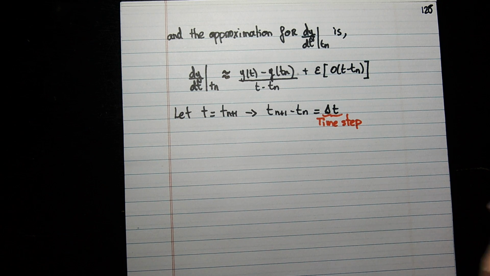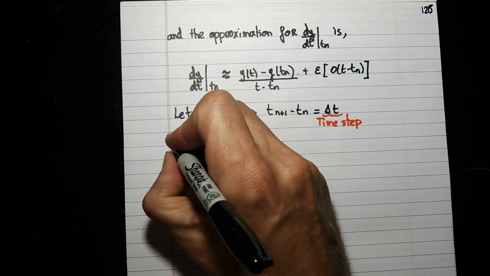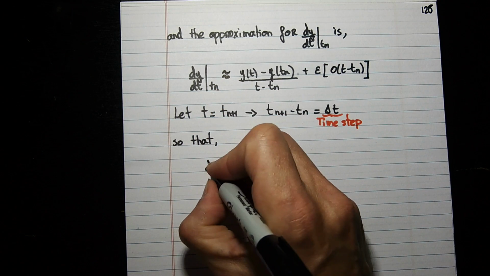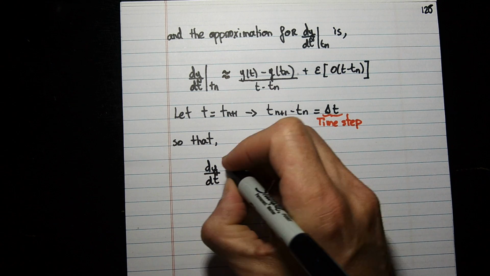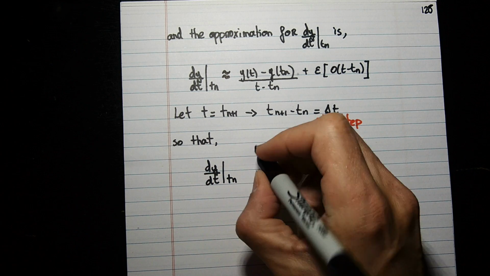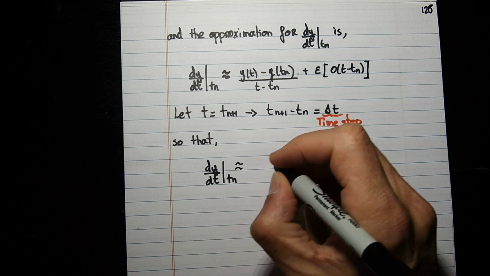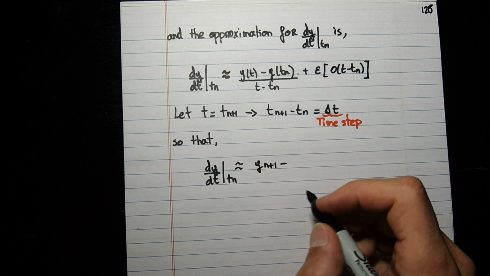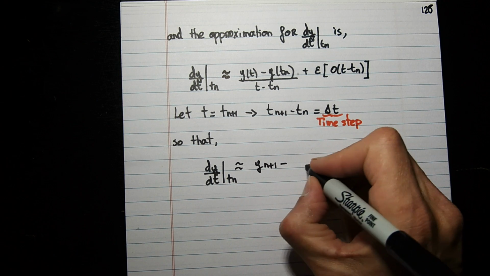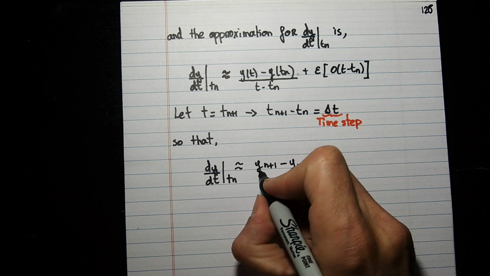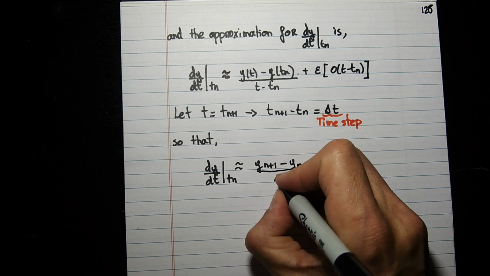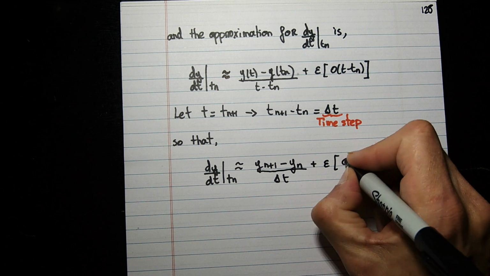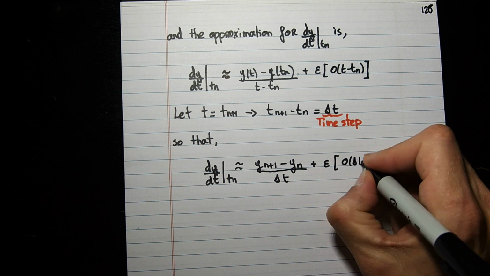So in that case, the Taylor approximation for the first derivative dy/dt at t_n is approximately equal to (y_(n+1) minus y_n) divided by delta t plus an error of order delta t.